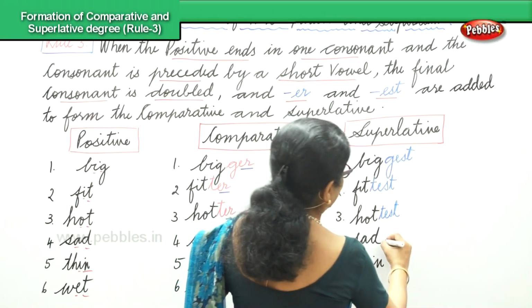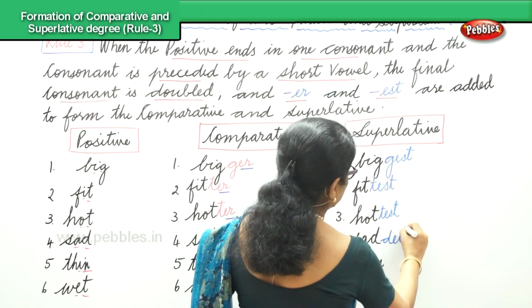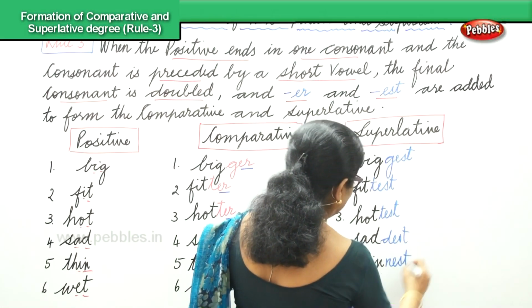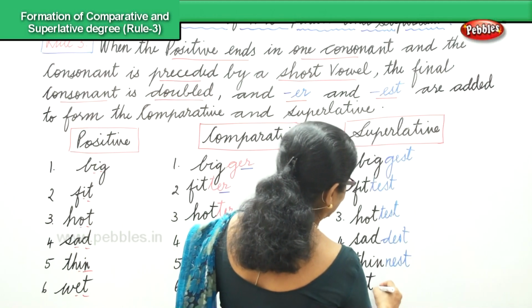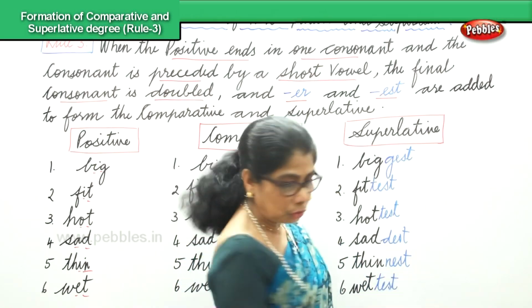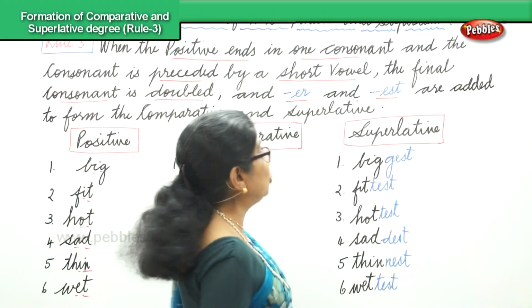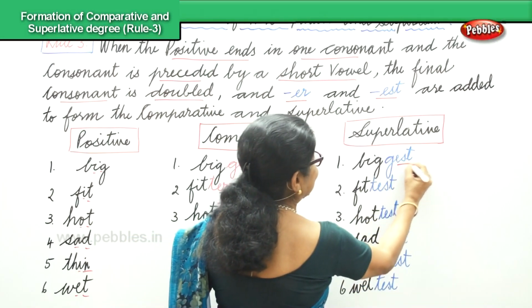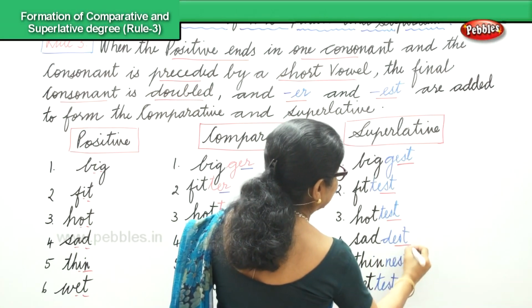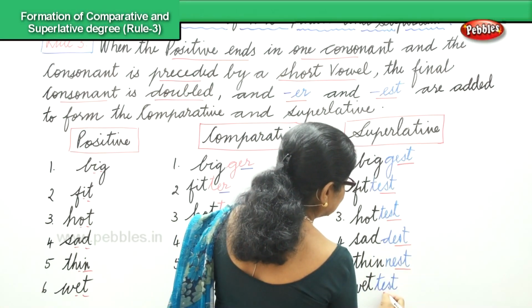Saddest. Thinnest. And wettest. How did we form the superlative? You added EST after doubling the consonant.